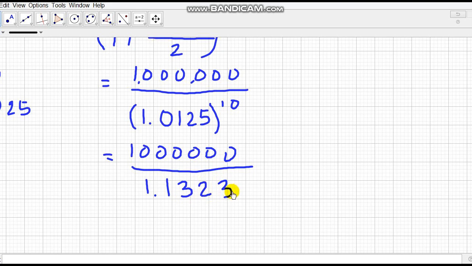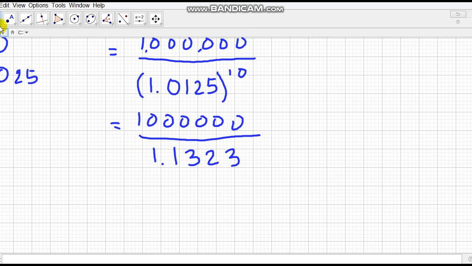It's technically 1.1322708 something something something. So let's just stop at 4 decimal places since in our original answer here there are only 4 decimal places. So let's just match how many decimal places there are in the previous one whenever we're presented with a number that doesn't end. Okay. So let's divide 1 million by 1.1323.